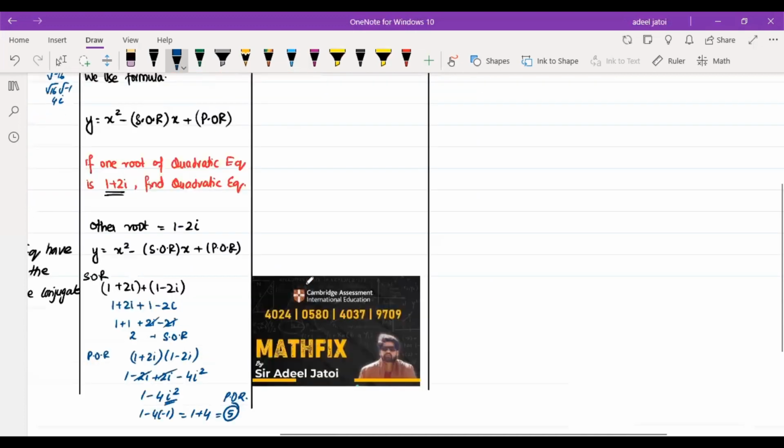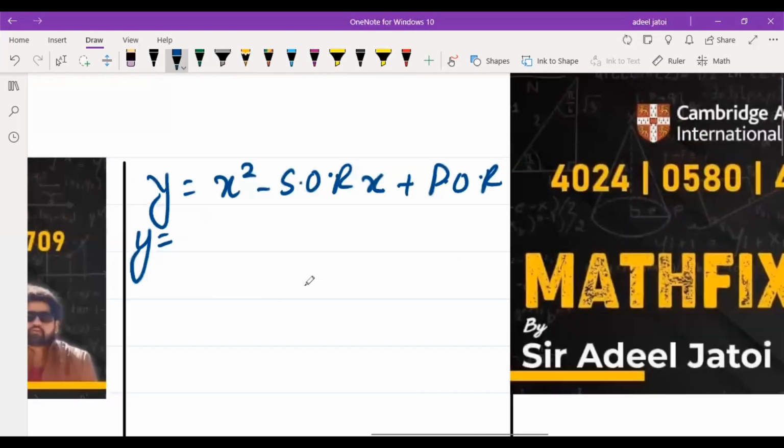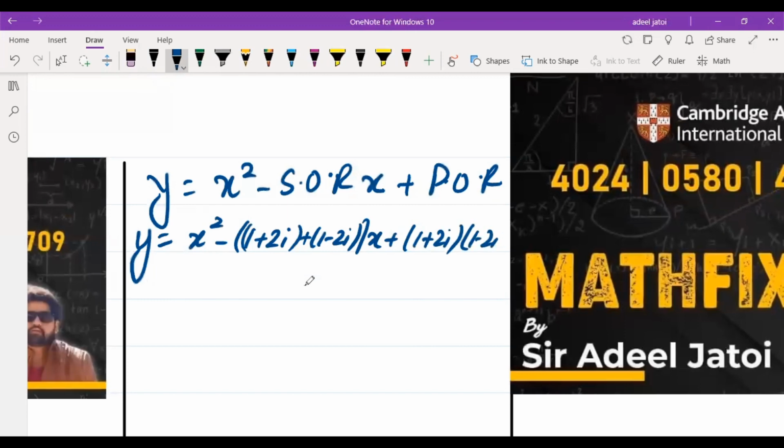So considering that the equation was y is equal to x square minus sum of roots x plus product of roots, we write this as y is equal to x square minus (1 plus 2 iota plus 1 minus 2 iota) x plus (1 plus 2 iota) multiplied by (1 minus 2 iota).